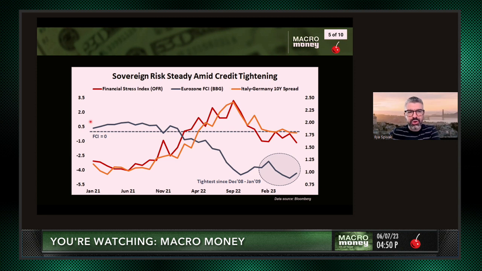Look at what happens to Eurozone financial conditions over the same sort of time frame. They begin to deteriorate, they begin to get tighter right as the Fed starts to move. Not surprisingly, that starts to tighten up, and give us a more difficult credit situation in the Eurozone.